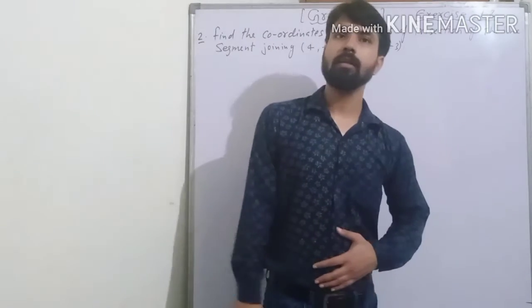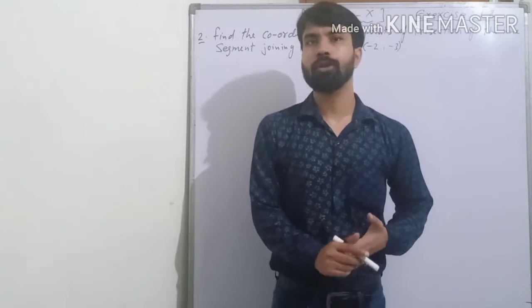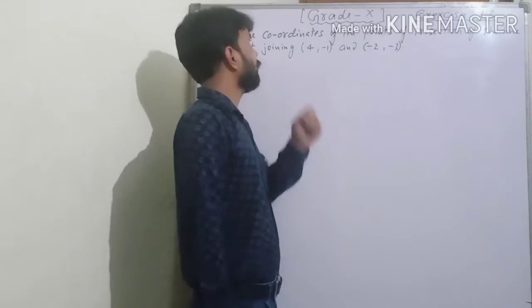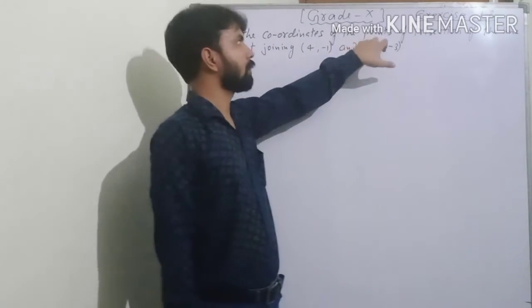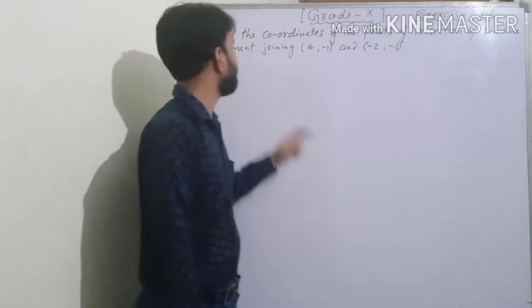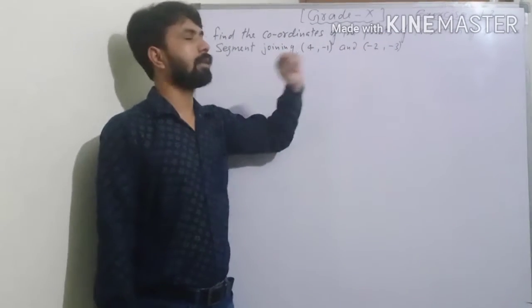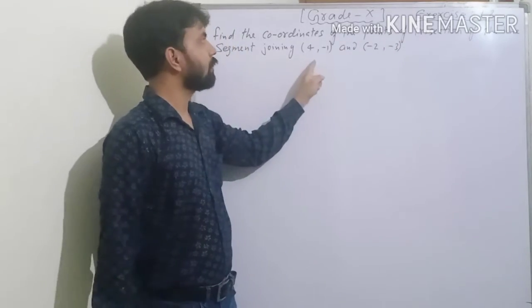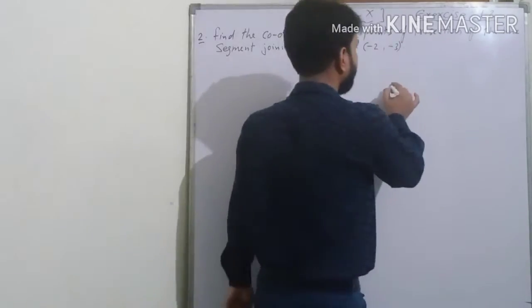Okay, students. Now I am going to explain you the second question of this exercise. This is an important question. Find the coordinates of the points of trisection of the line segment joining this and this. So I am drawing the figure here.